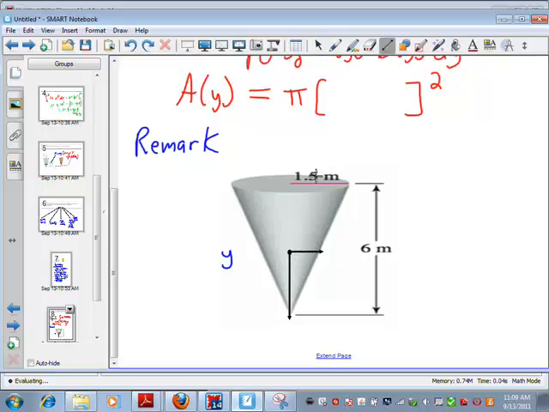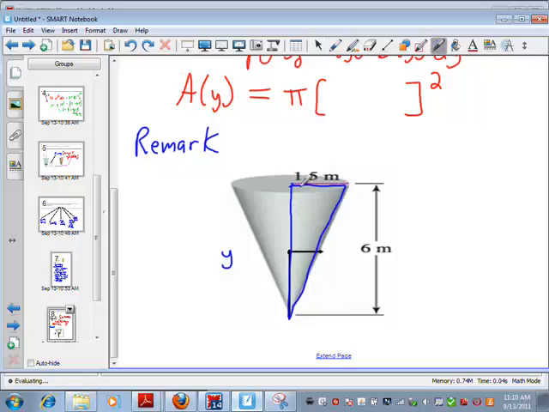Tell me how 1.5, 6, y, and this number are related. They're an equal ratio. Those triangles are similar. This triangle here and the one that I just drew initially are similar triangles.